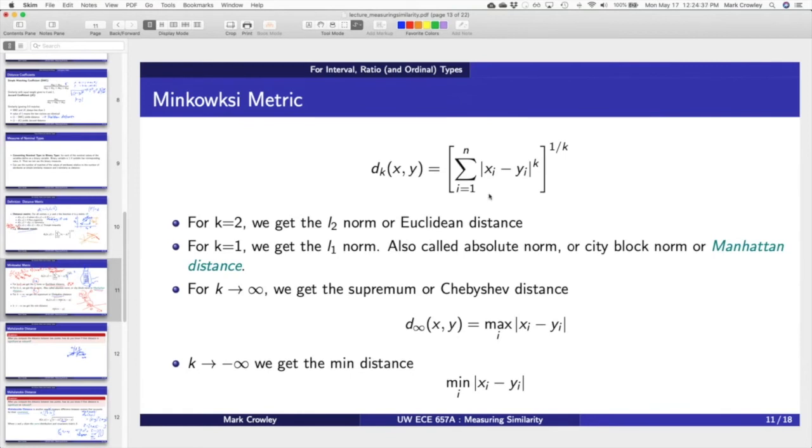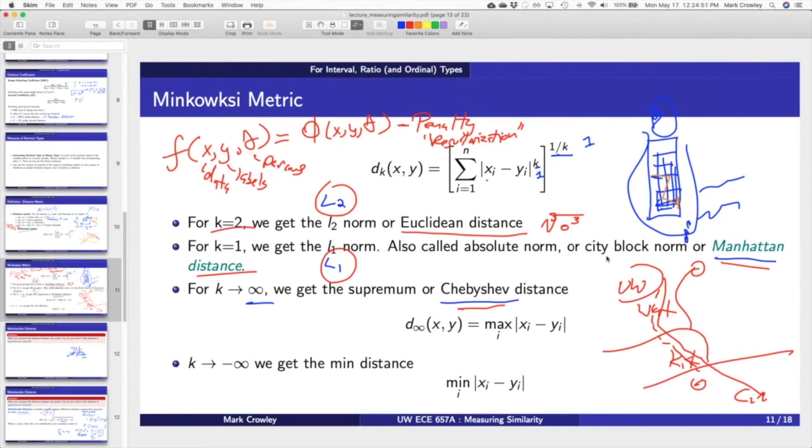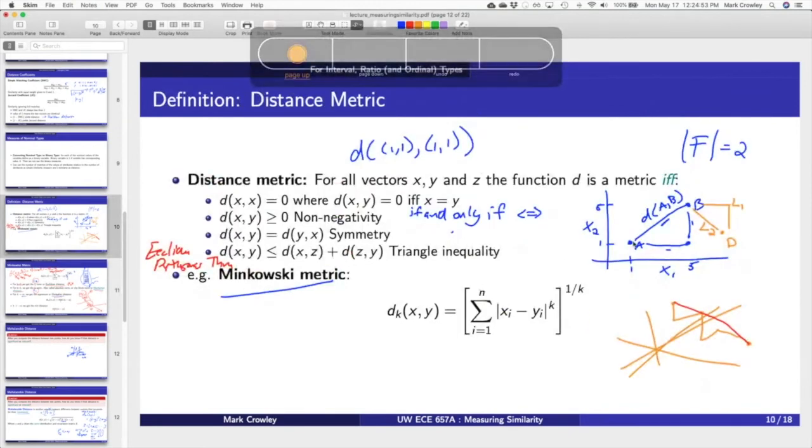We only put absolute value here because if k is odd, obviously, you get negatives and positives here. So that's not what we want, right? I was showing you on a triangle here. We want it to be that you sum up all of the lengths of this triangle. If it's a 5-dimensional triangle or simplex, then that's what it is.